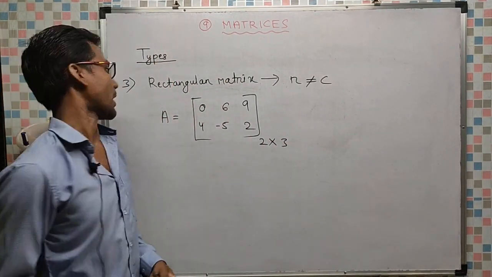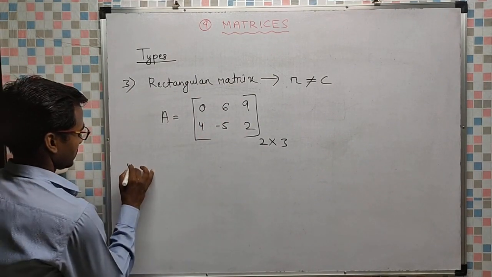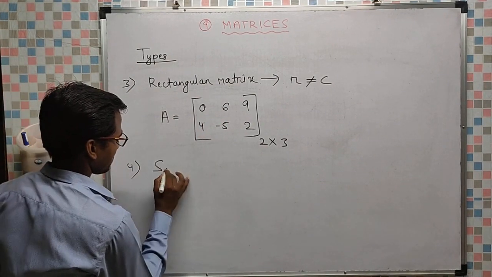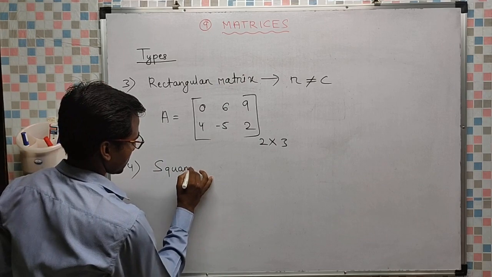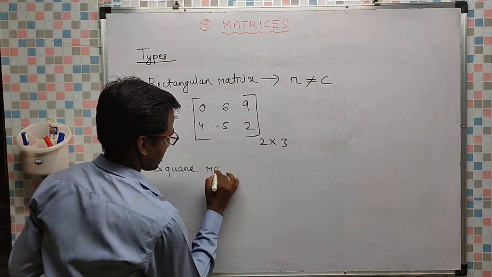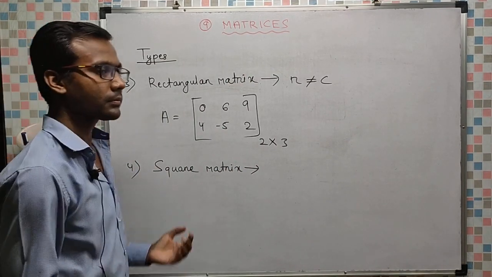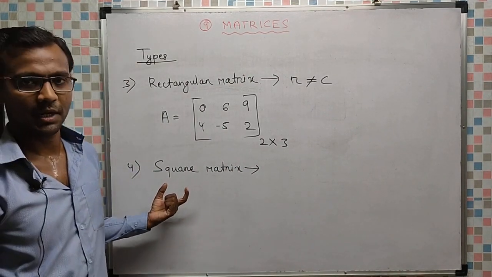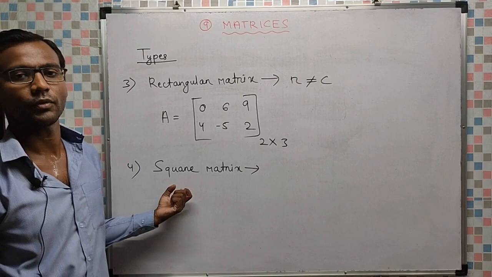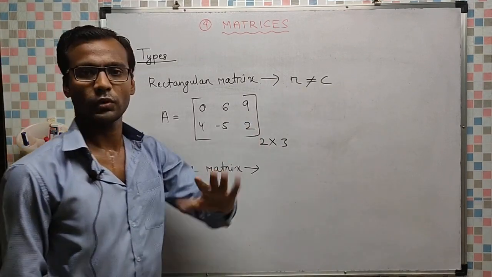Next we have square matrix. From the name itself we can understand that square matrix means a matrix in which number of rows and number of columns will be same.